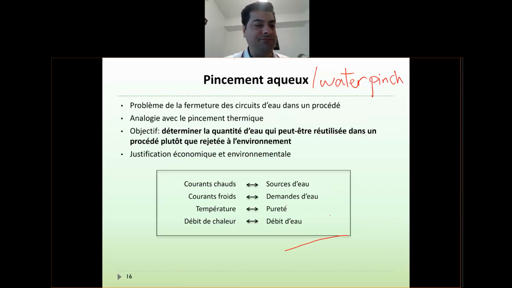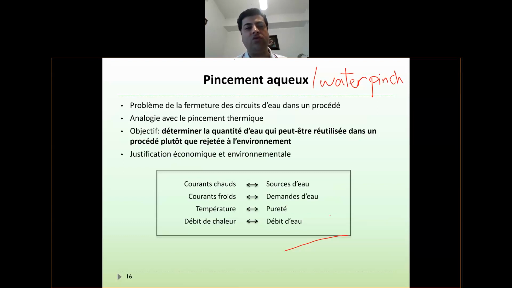Okay. Maybe we also have a pinch point for water pinch, and we have something like utility. I mean, water from outside the process. We need this like utilities. In other words, it's better to say that in both we are talking about supply and demand, sink and source, or source and sink.